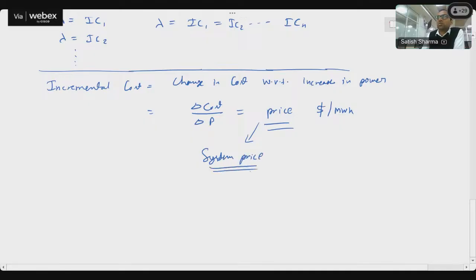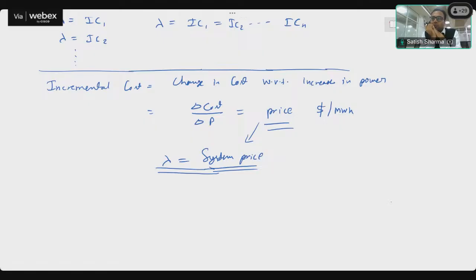So I can assume that lambda is basically the system price. We have defined that lambda is the system price in this case, and you can solve certain problems out of it and you will get a particular solution.